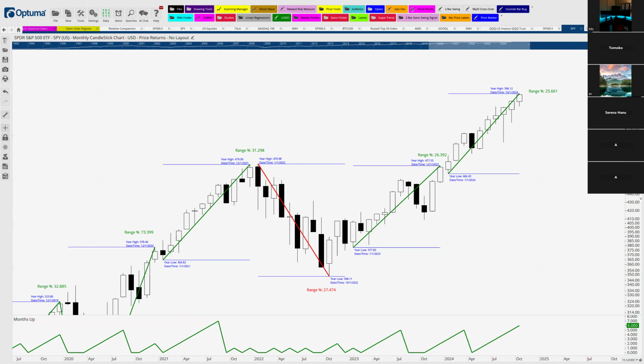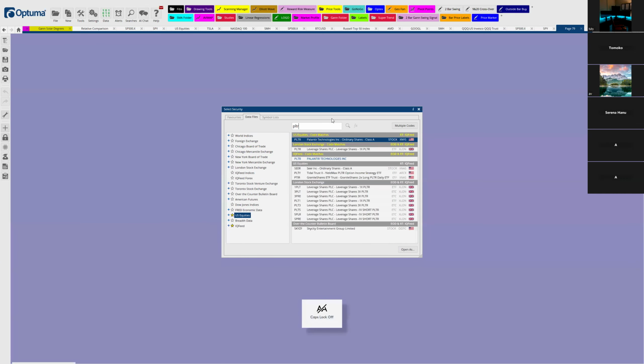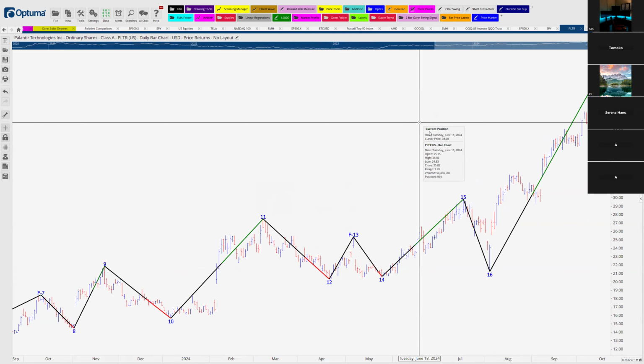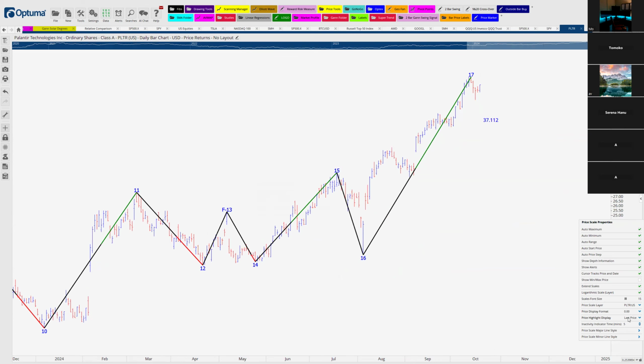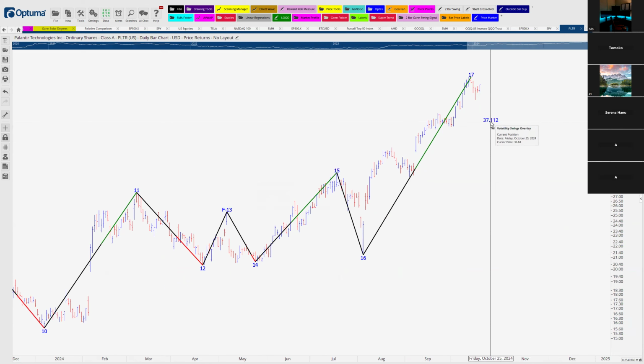Palantir, PLTR. Oh, it's probably going to be another one. Yeah, 17. Oh, this one is going to get hit hard. Just wait. 37.11 right now is waiting to the downside.